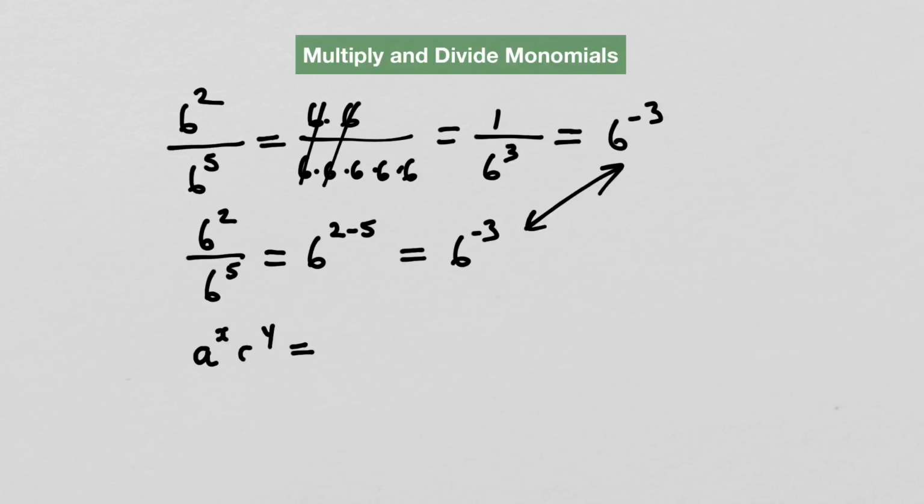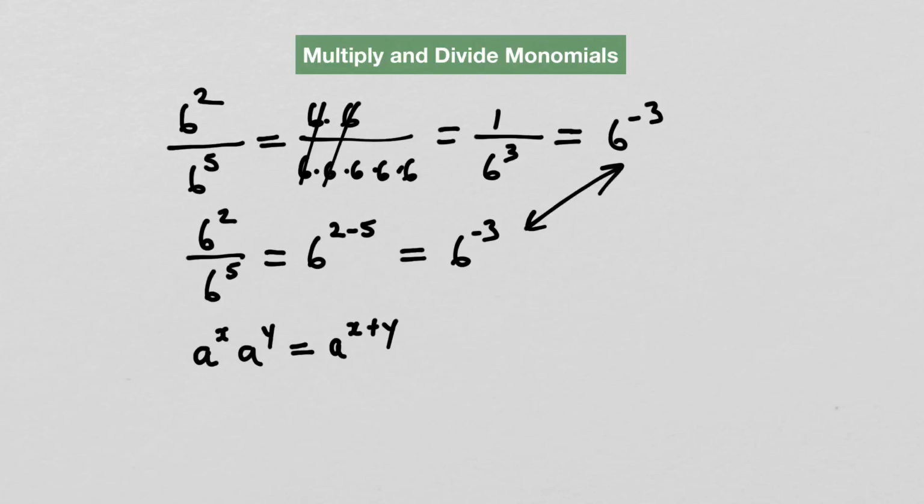So a to the x is one monomial, a to the y is another monomial, assuming that the bases are the same, right? So the letter a is your base. Then you add the exponents.